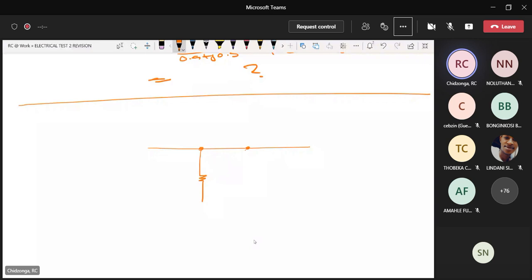And I've got another branch which starts from here and goes there, right? Now, the distance from here to there may as well be 0 meters, but it can be any, even 100 meters. You see that? Now, this configuration here, electrically, you can also draw it like this.